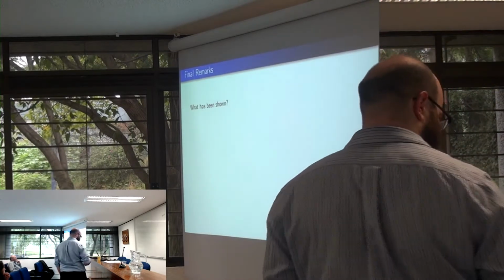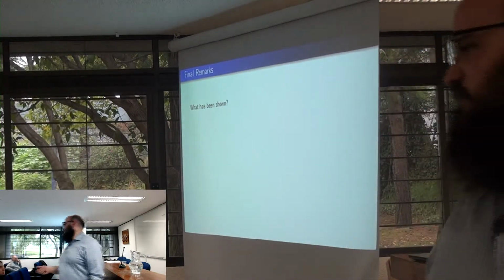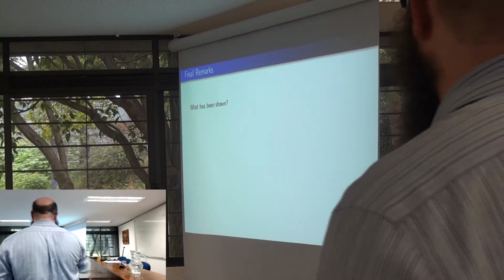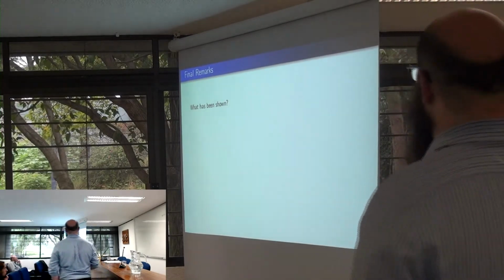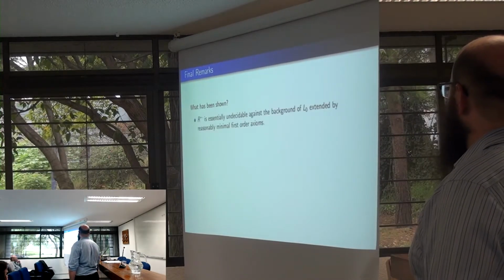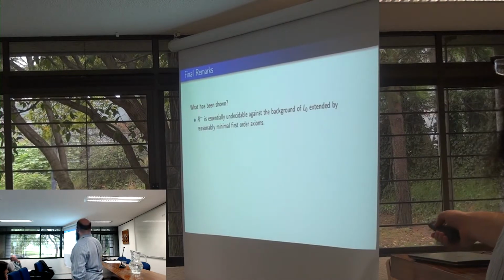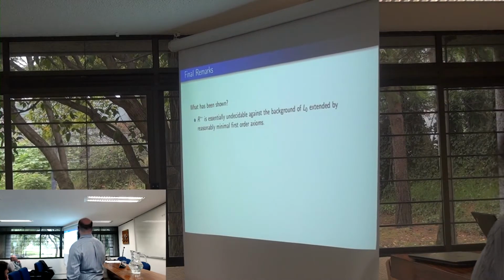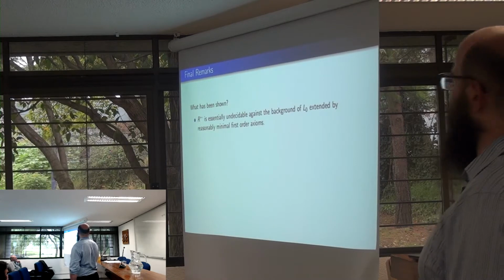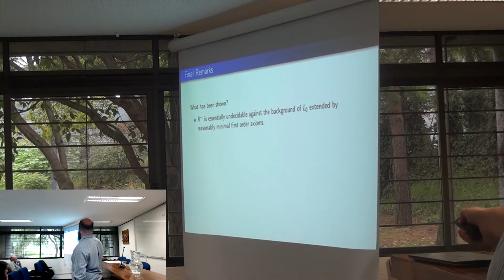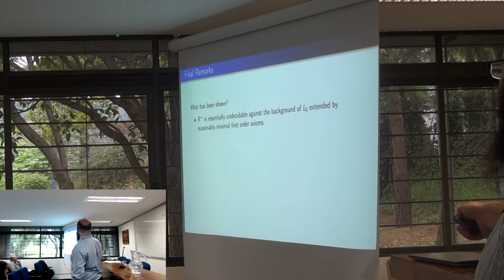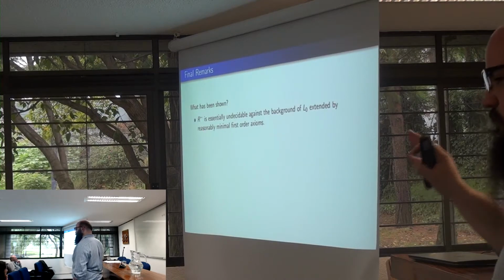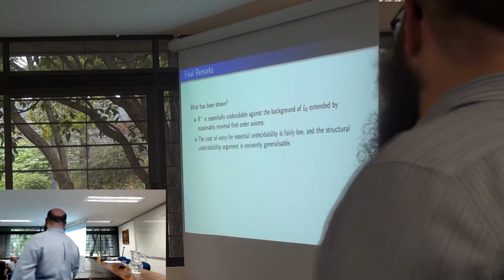Okay, so I guess there's still a little bit of time left, but I'll wrap up with some final remarks. We've shown that R sim is essentially undecidable in QL0, which is this very, very weak, irrelevant logic extended by reasonably minimal first-order axioms.